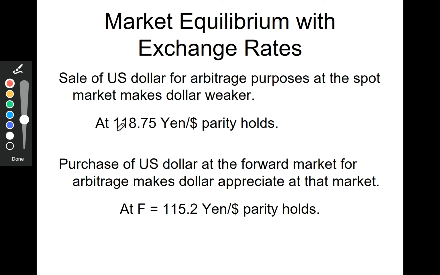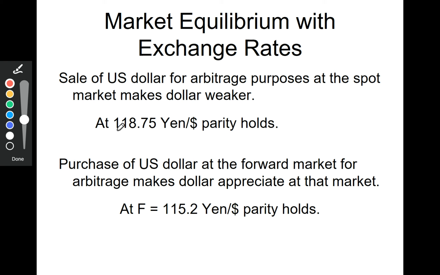So we had four values in that parity equation. F divided by S equals 1 plus RF divided by 1 plus RS. Any one of these four could change if the other three are constant. In fact, the other three don't have to be constant either. All these numbers can change due to arbitrage activity.